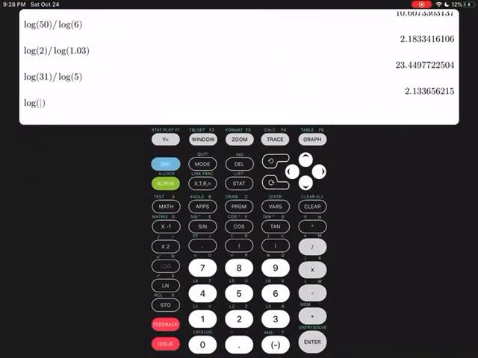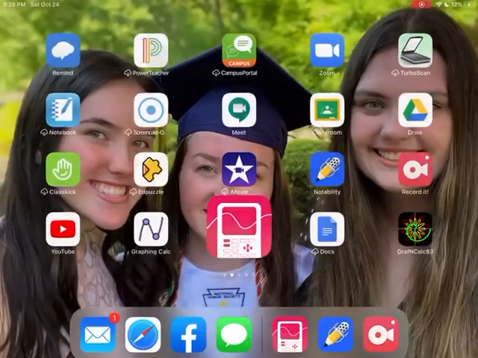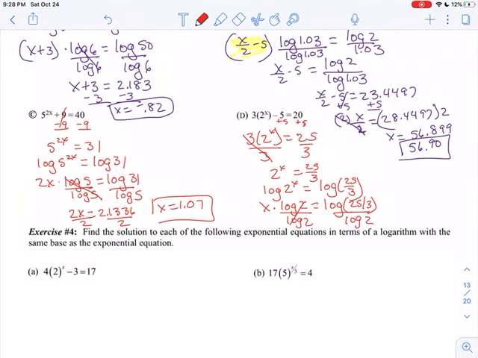I'm going to divide by log of 2. So basically I have log of 25 over 3 divided by log of 2. All right, let's see what that looks like. So log of 25 divided by 3 divided by log of 2.